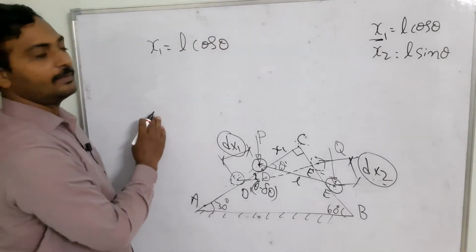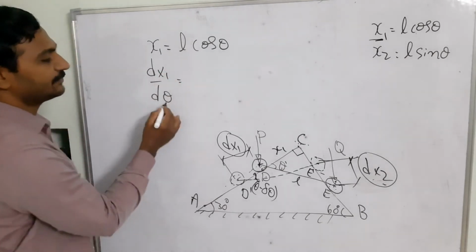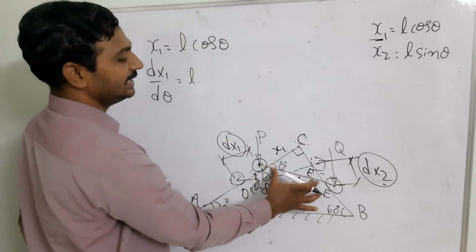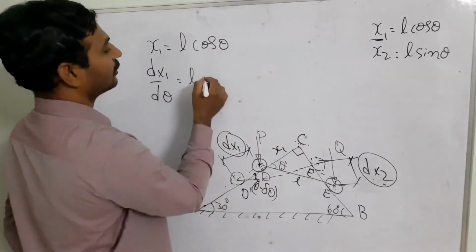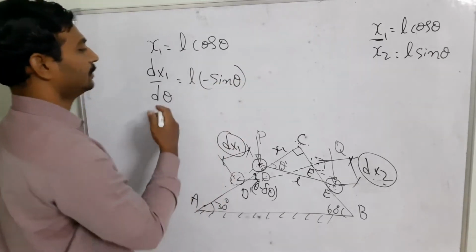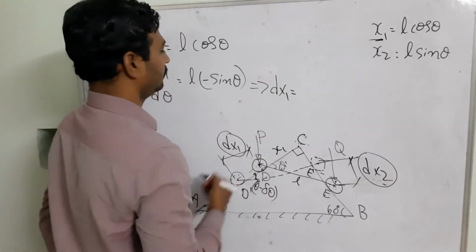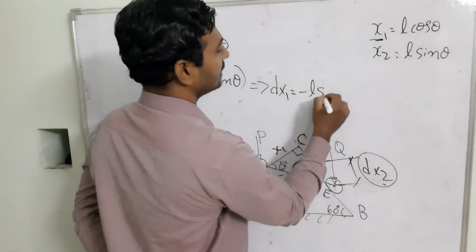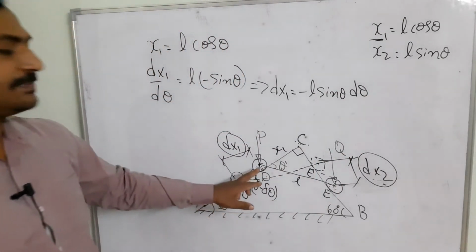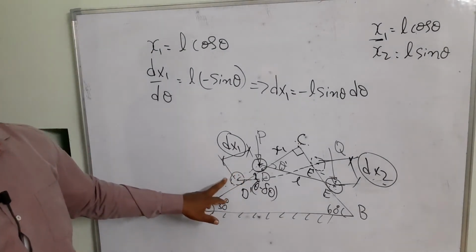Suppose I take dx1 by d theta, because x1 is varying with respect to theta, that's going to be L as the constant. This is the inextensible string, and the derivative of cos theta is minus sin theta that we are going to get. So finally after simplification, dx1 is equal to minus L sin theta d theta, because the displacement of the ball is in the positive direction, the same direction the displacement is taking.